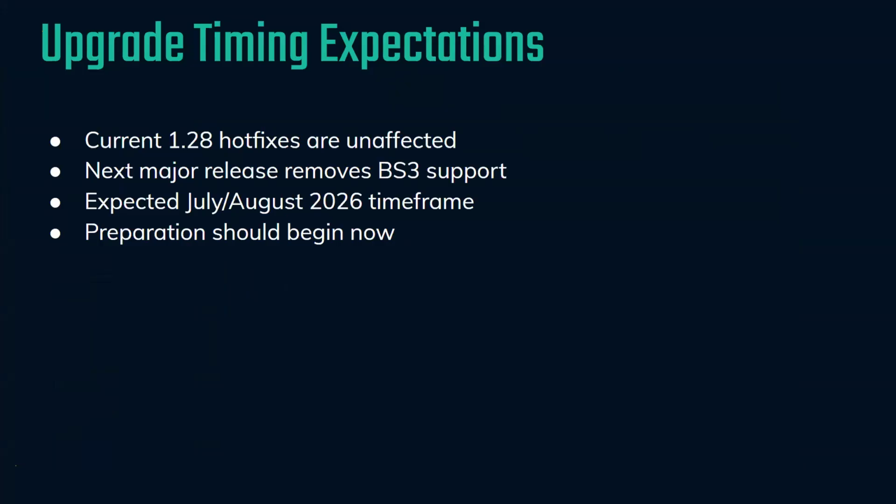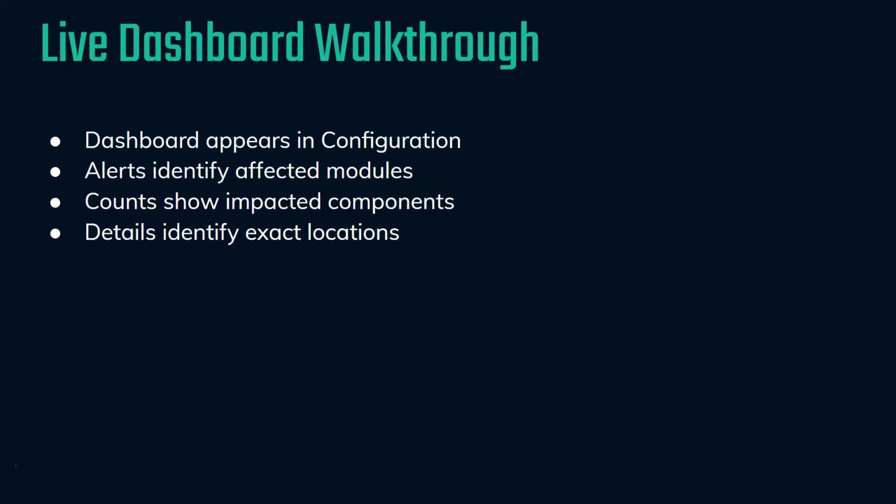You'll start seeing these kinds of warnings and things that you need to fix, but you can run version 1.28 and keep Bootstrap 3 things going throughout. It will not be affected. It's going to be the next major release where Bootstrap 3 goes away. And again, we expect that sometime in July or August. And start now.